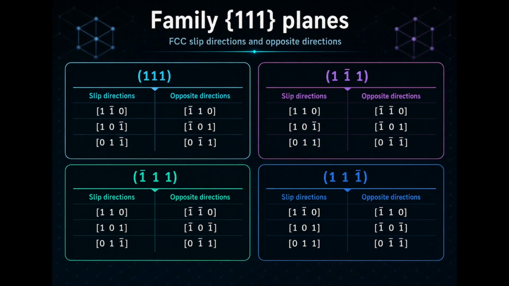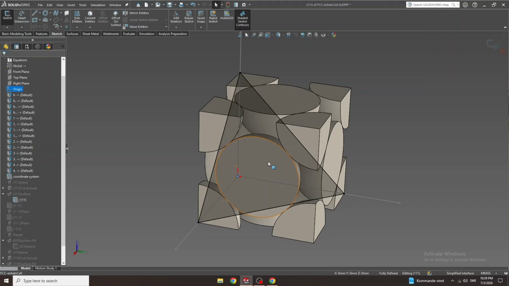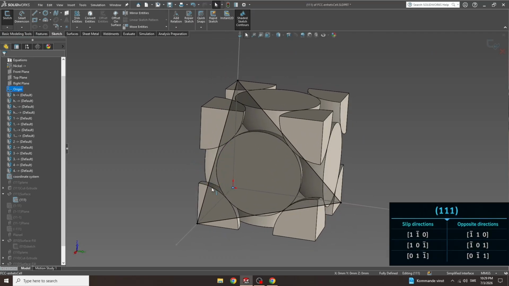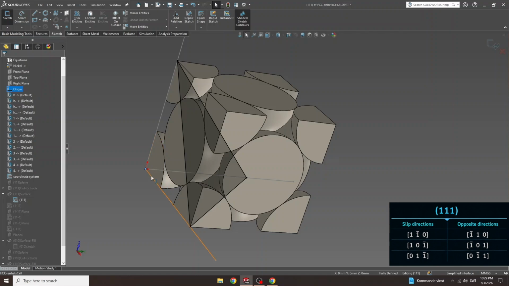So now I'm going to talk about the 111 family of planes. A family of planes means a group of planes that have the same geometric type but different orientations because of the symmetry of the crystal. If we start with the 111 plane, imagine that you have your coordinate system here.